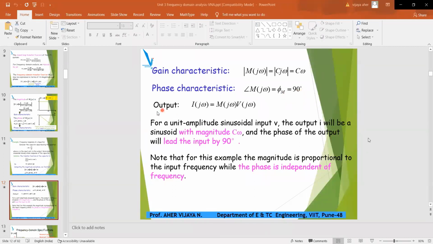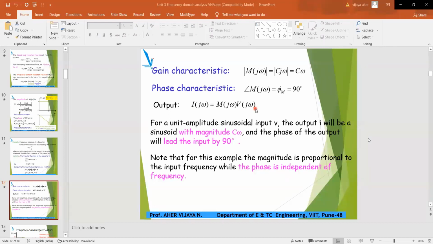Okay. Now the output I(j omega) is equal to M(j omega) into V(j omega). M(j omega) is nothing but the transfer function. V(j omega) is nothing but your input signal. So output is equal to transfer function into input in frequency domain analysis.